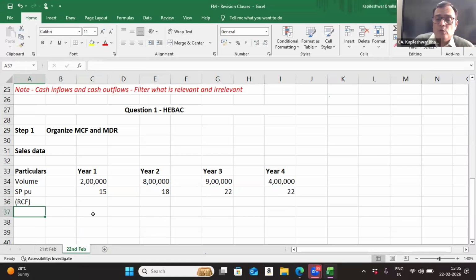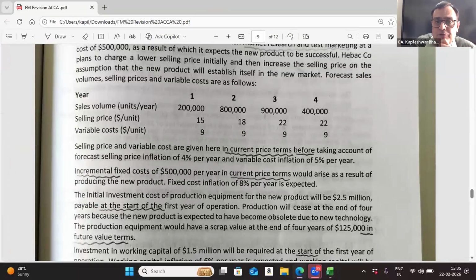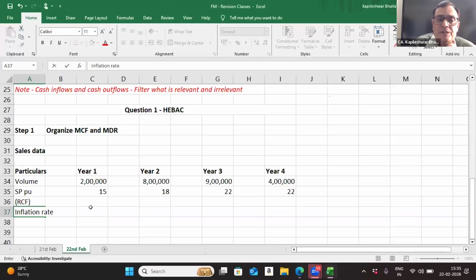Now, I am also given the inflation rate. Let's see what the inflation rate for the sales is. It says the forecasted selling price inflation is at the rate of 4%. Now let's organize the selling price per unit in MCF terms.